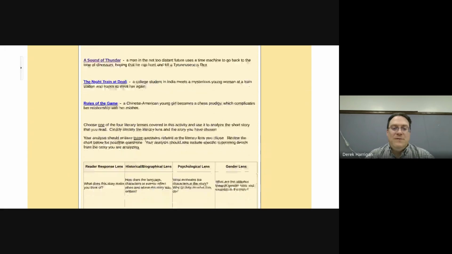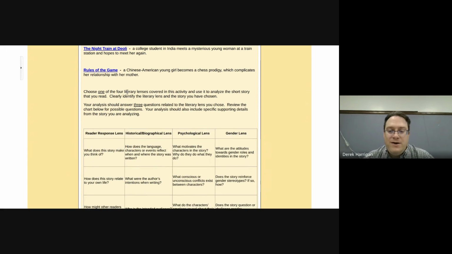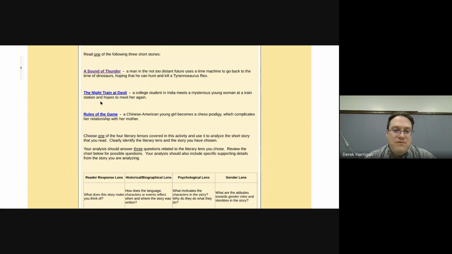Okay. And then what I'm going to ask you to do is choose one of the four literary lenses. So reader response, historical biographical, psychological, or gender. So choose one of those four literary lenses covered in this activity and use it to analyze the short story that you read. So again, whichever one of these three you read, you're going to analyze it using one of the literary lenses.